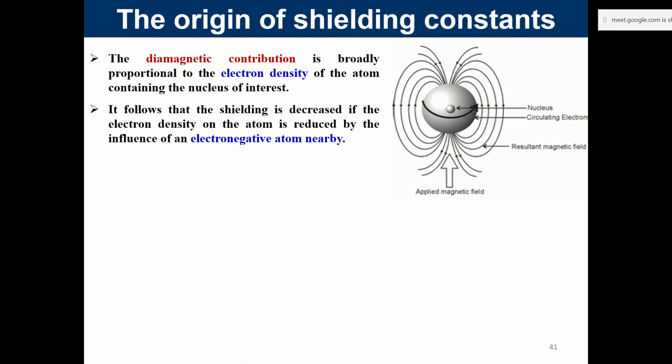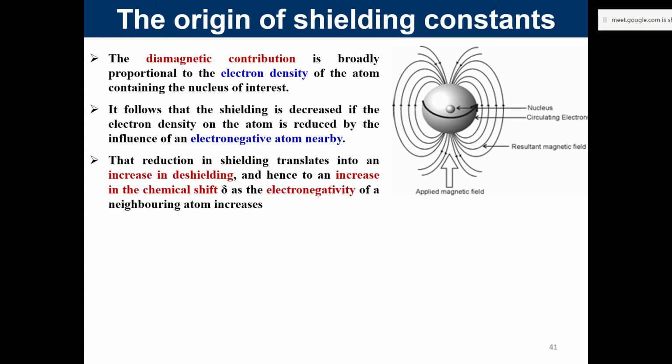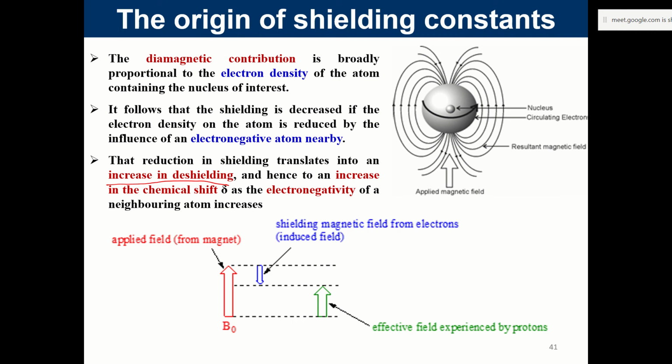So electron density is taken away from the immediate vicinity of the nucleus, and because the electron density has been reduced, the diamagnetic contribution will be less, or you say there is de-shielding. Not a complete de-shielding, but a slight increase in the de-shielding when an electronegative atom is attached.